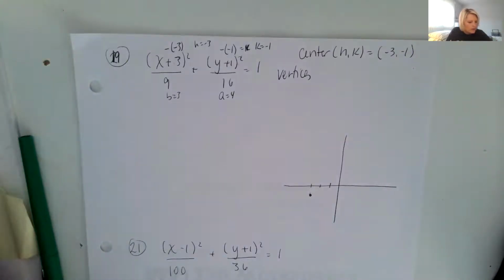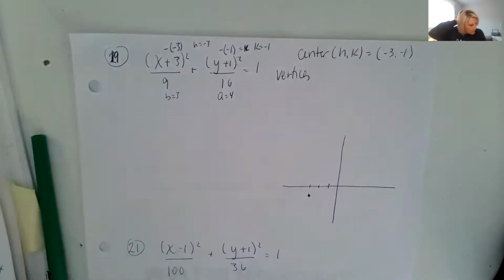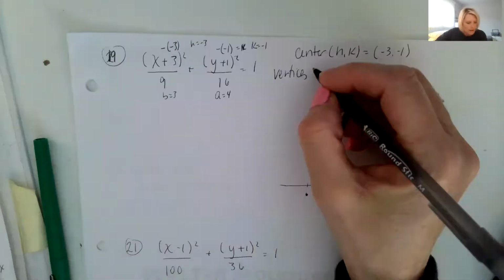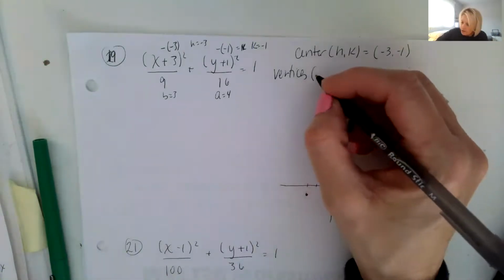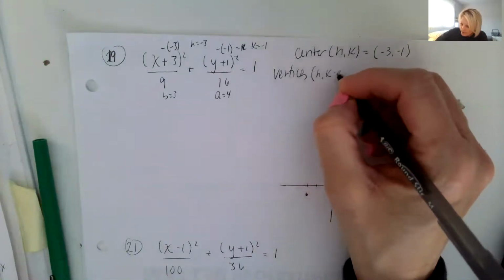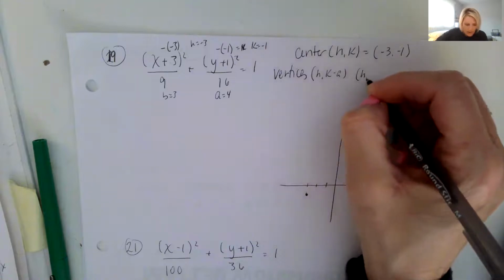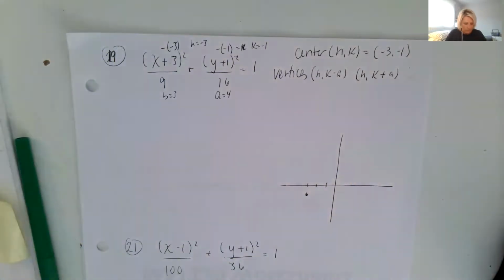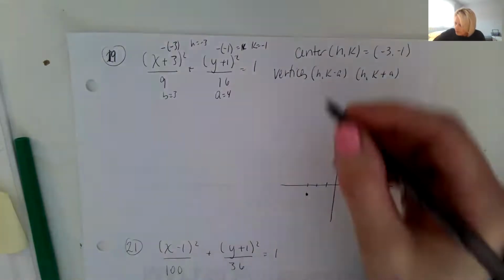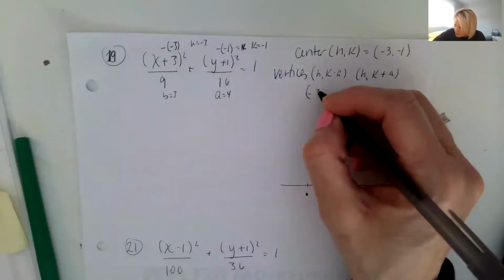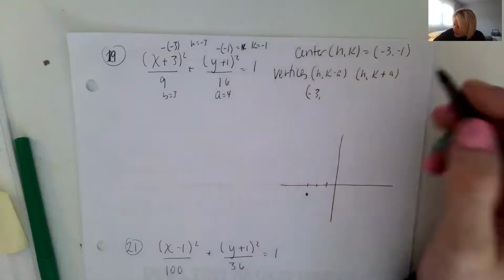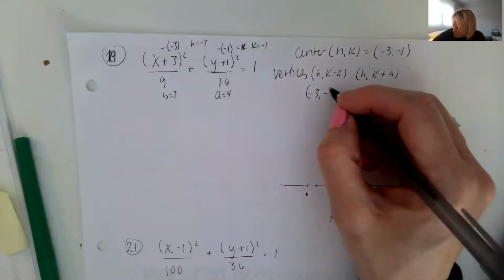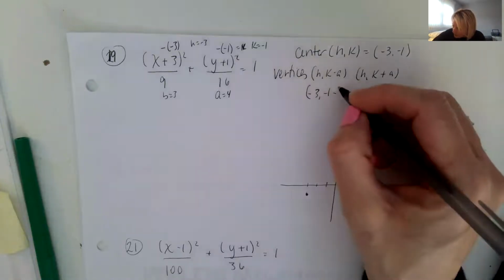If you go back to page 756, it's shifted over as H and then K minus A, and then H and K plus A. So H is negative 3, and then K is negative 1, minus A, which is 4.